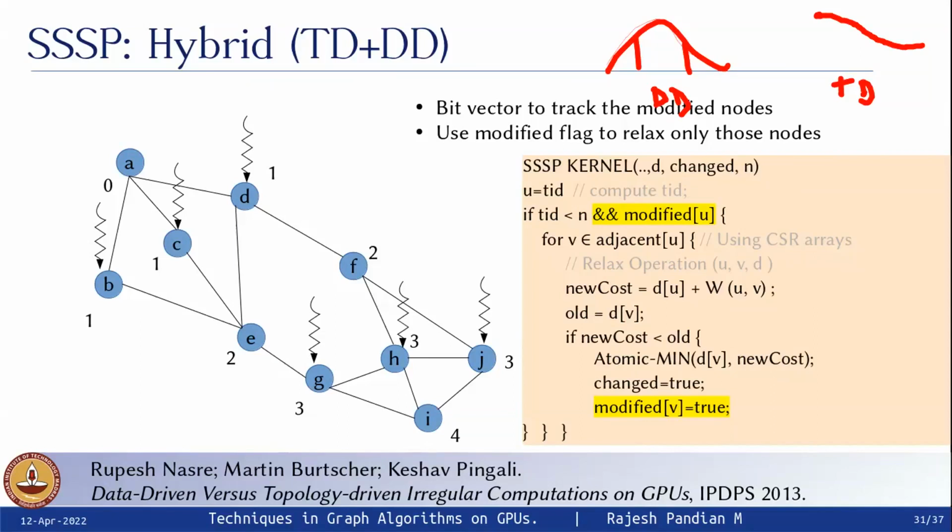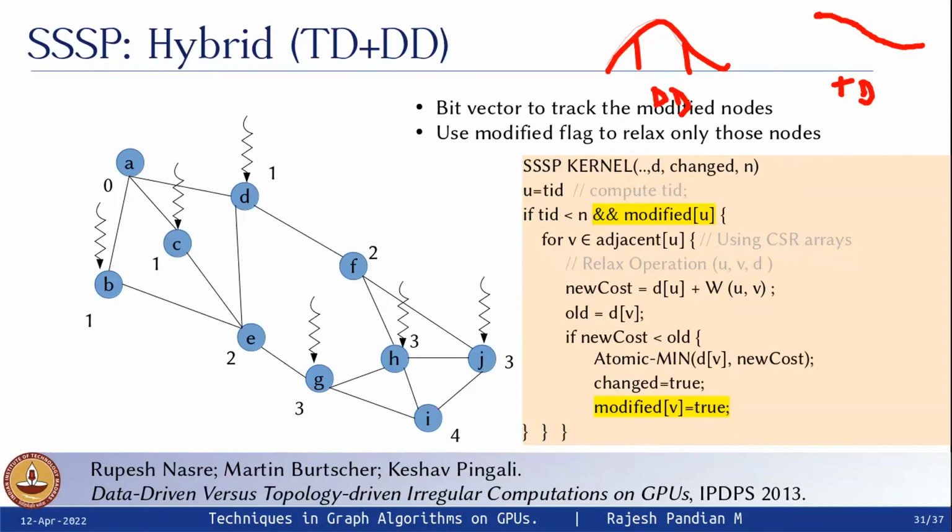You're asking whether at each iteration of topology driven and data driven, the vertices for which distances are settled will be the same? Right. Yeah, I cannot think of it right now. Okay, sure, no problem. I think we'll discuss this later. Sure. Please go.